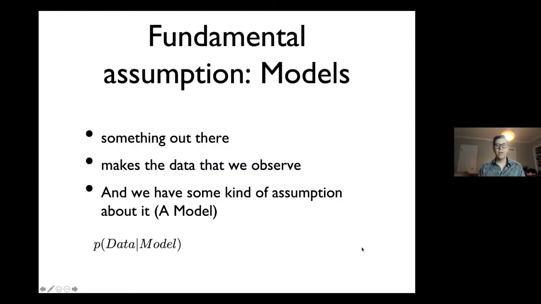And there's fundamental assumptions, of course, that we make, like most Bayesian models make philosophical assumptions like this. So we can say there is something outside. It makes the data that we observe, and we have some kind of an assumption, and then we are concerned with the probability of the data given the model.